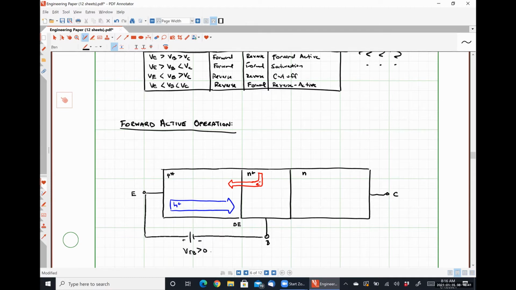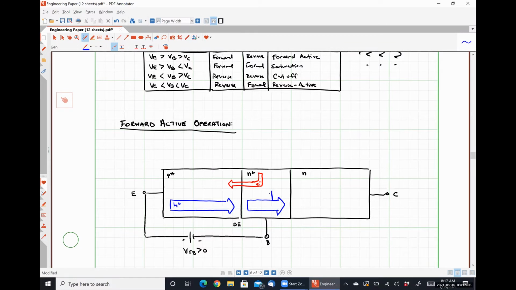That's what's forward biasing this junction, and that is going to cause the holes to be able to diffuse through pretty easily. These are the diffused holes in blue here, coming from the emitter.